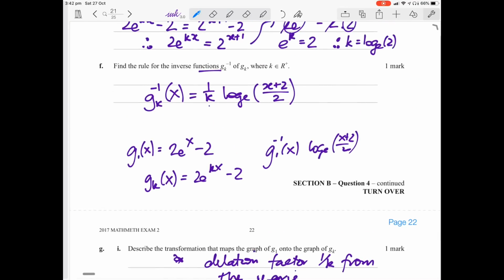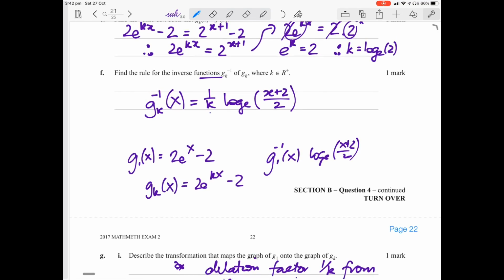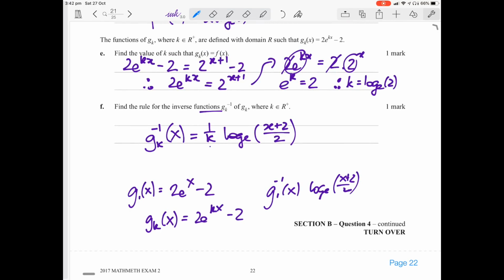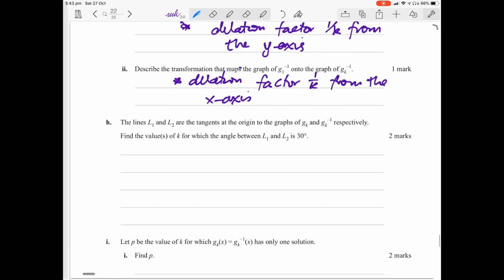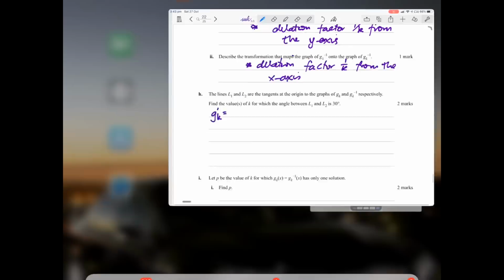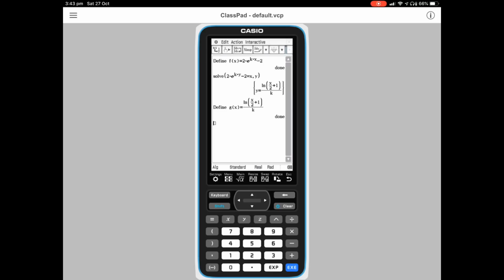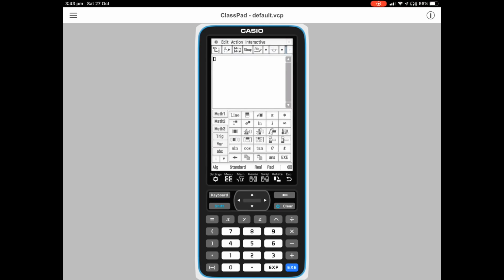Let's say g dash of k. What's that equal to? Because it's going to go through the origin, the y-intercept's going to be 0. d dx of f of x is 2, hang on, have we got k defined?